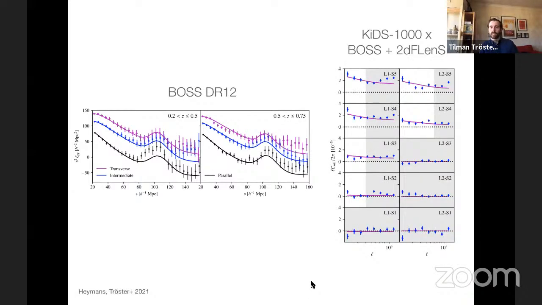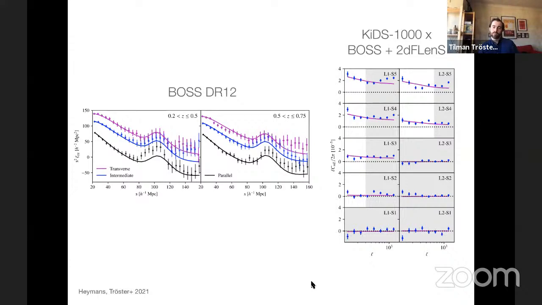For the galaxy lensing, we use the BOSS galaxies on the overlap in the north and 2dFLenS on the overlap in the south. And the measurements here are shown on the right. One thing to note is that a lot of it is grayed out, which means we're not actually using that in our inference.